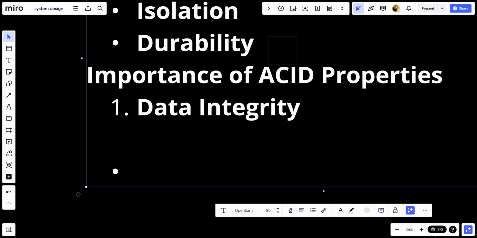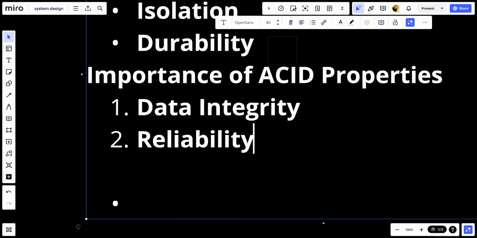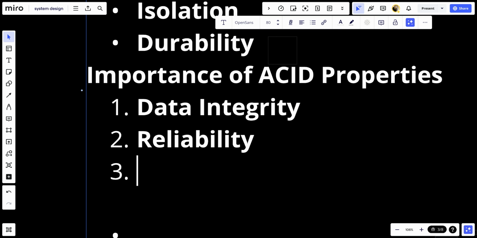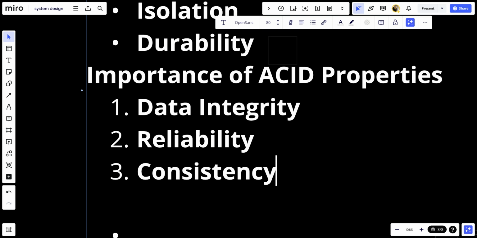Number two, we have reliability. These properties guarantee that transactions are processed reliably, making the system trustworthy. And number three, we have consistency. It ensures that all database transactions adhere to predefined rules and constraints, maintaining the correctness of the data.